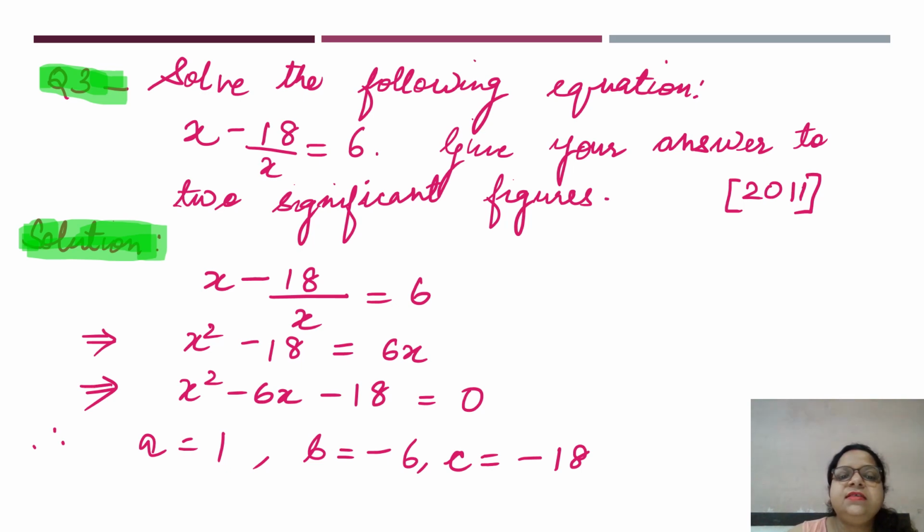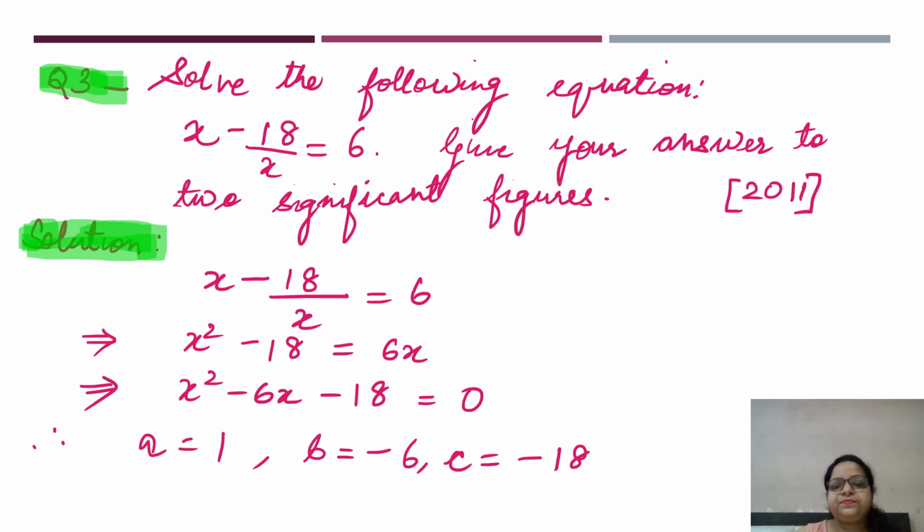What it says, x minus 18 upon x is equal to 6. So we will take the LCM as x, and we get x square minus 18 is equal to 6x. x square minus 6x minus 18 is equal to 0. Therefore a is equal to 1, b is equal to minus 6, and c is equal to minus 18.